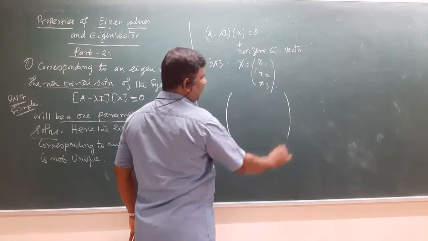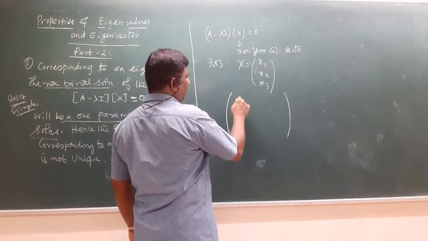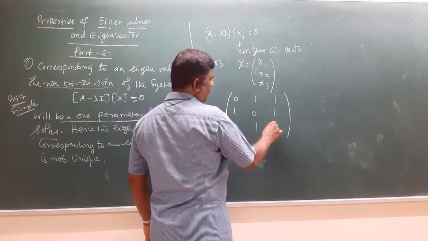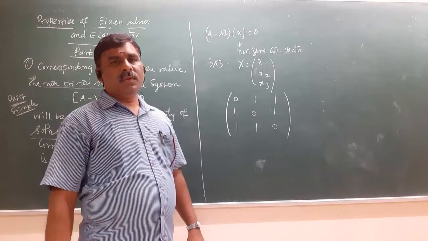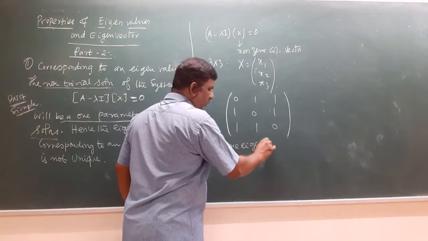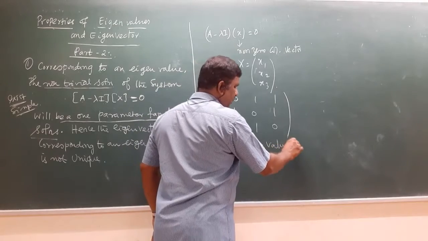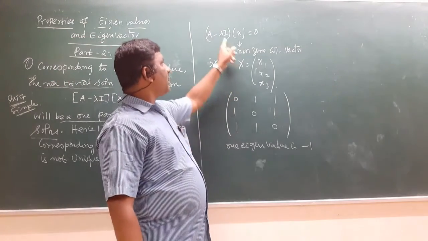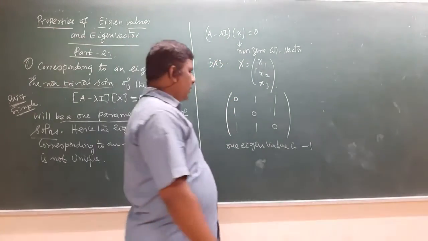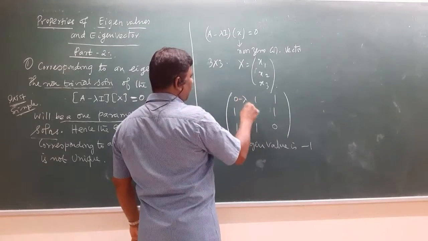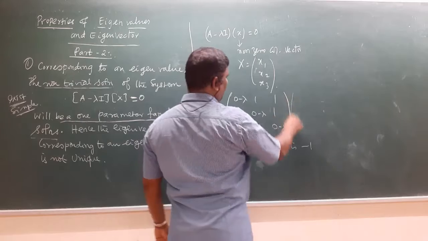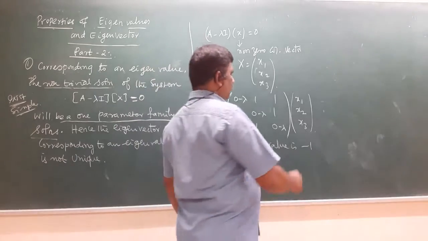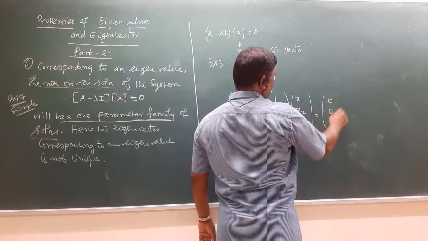In case the matrix is given as 0 1 1, 1 0 1, 1 1 0, one eigenvalue is minus 1. Then how can we write A minus lambda I into x? Substitute and subtract lambda, and multiply with x1, x2, x3, so that is equal to 0, 0, 0.